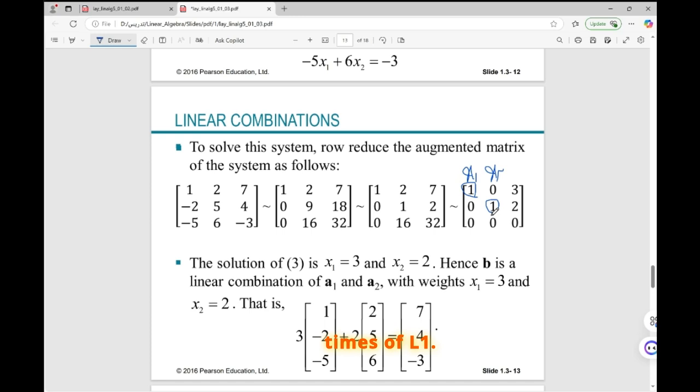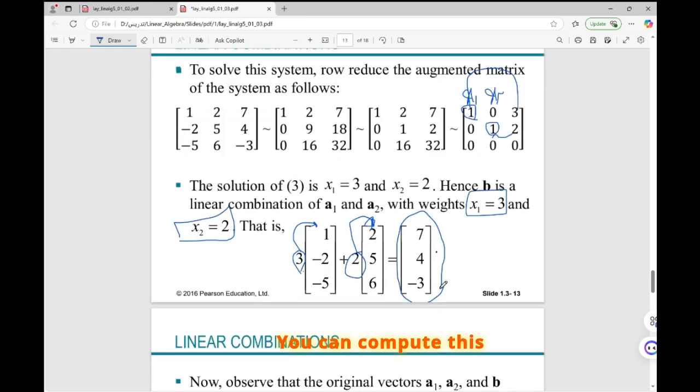So 3 times a1 plus 2 times a2 gives you vector b. You can compute this and see that this holds. 3 times a1 plus 2 times a2 yields b.